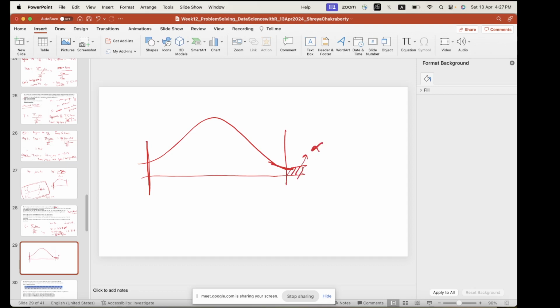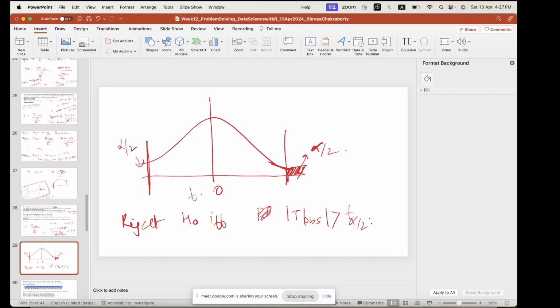So what we usually do, this area we will take as alpha by 2, this also we take as alpha by 2, and since this is a symmetric distribution, a t distribution symmetric about 0, we'll just write it like this: we'll reject H naught if and only if mod t observed is greater than t alpha by 2, n minus 1.